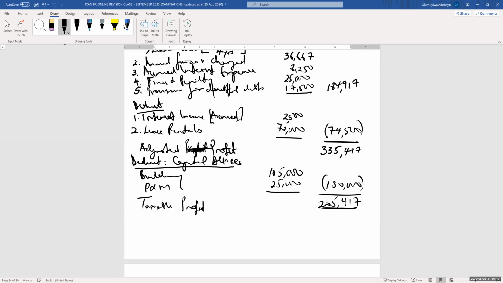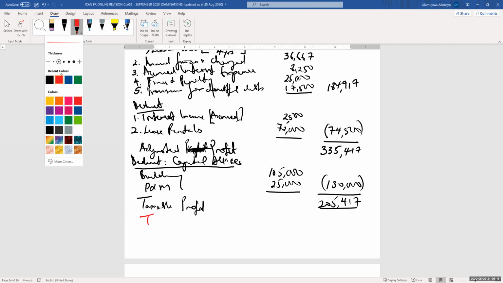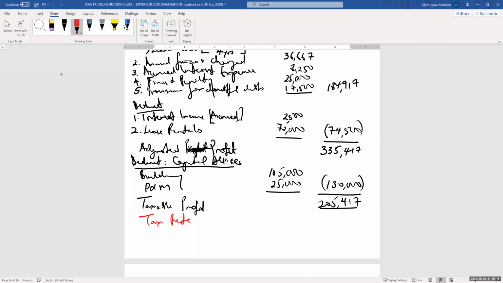And we thereby apply the tax rate. What is the tax rate? 30%. Therefore, what's our current tax? Current tax is Roman figure 1 multiplied by Roman figure 2. And that is how much?